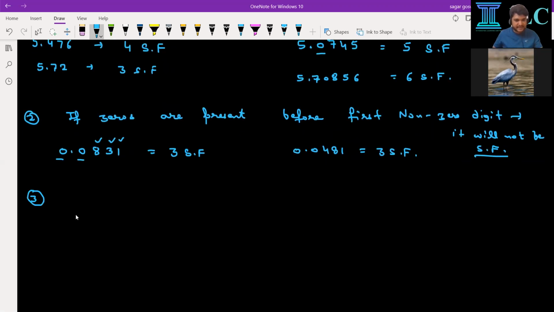Now suppose I say 326.0. Its meaning is that your instrument can measure one digit after the point as well. Whenever you are buying anything, it may be written 450.00, which means the machine is considering two digits after the point.